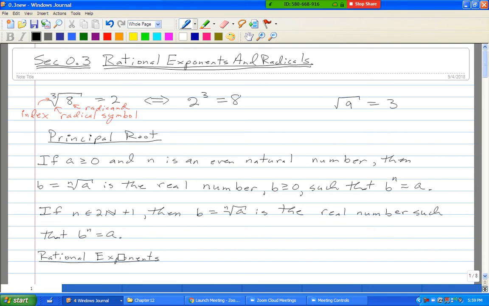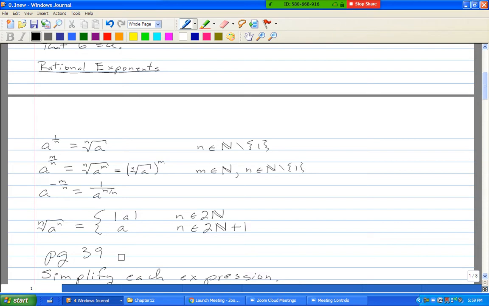Rational exponents. So we've already defined in the previous sections a natural number exponent, a whole number exponent, and then an integer exponent. Now let's try to define the rational exponents.